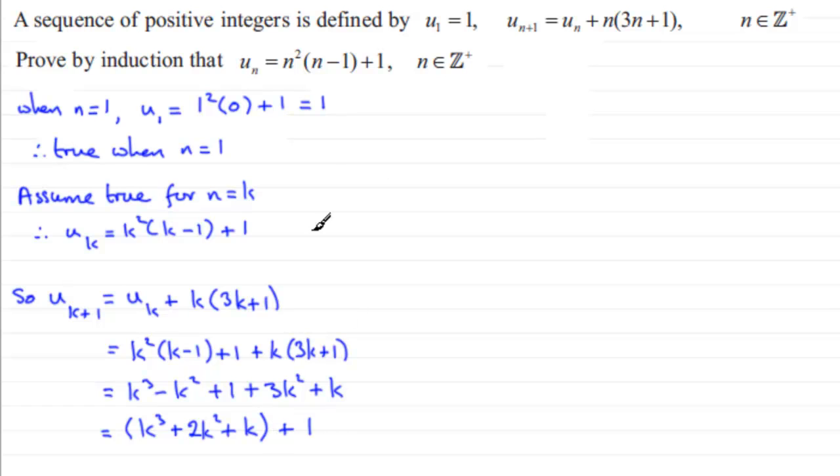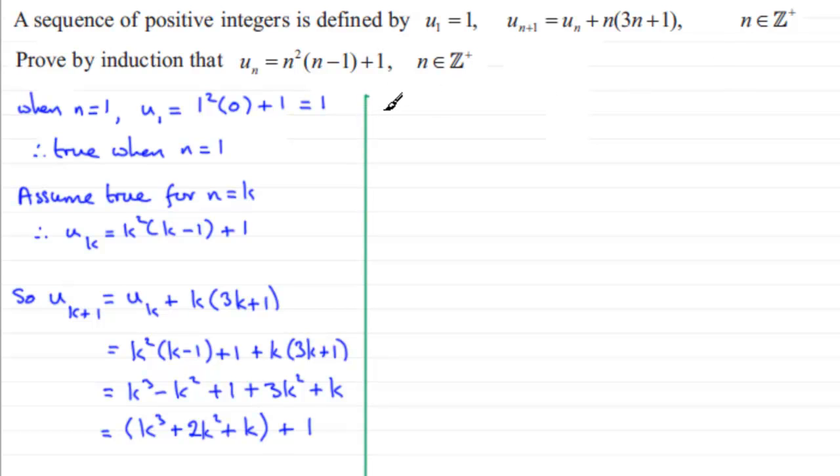So I've got to now work with this. I'm trying to get this to come to (k + 1) all squared here, and then in here (k + 1 - 1), in other words k. So that's giving me some guidance on where I want to take this.